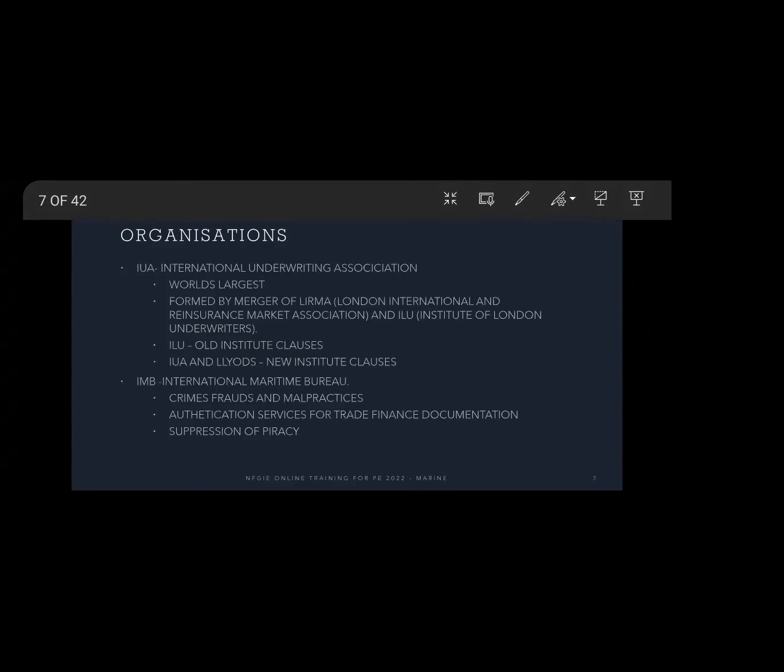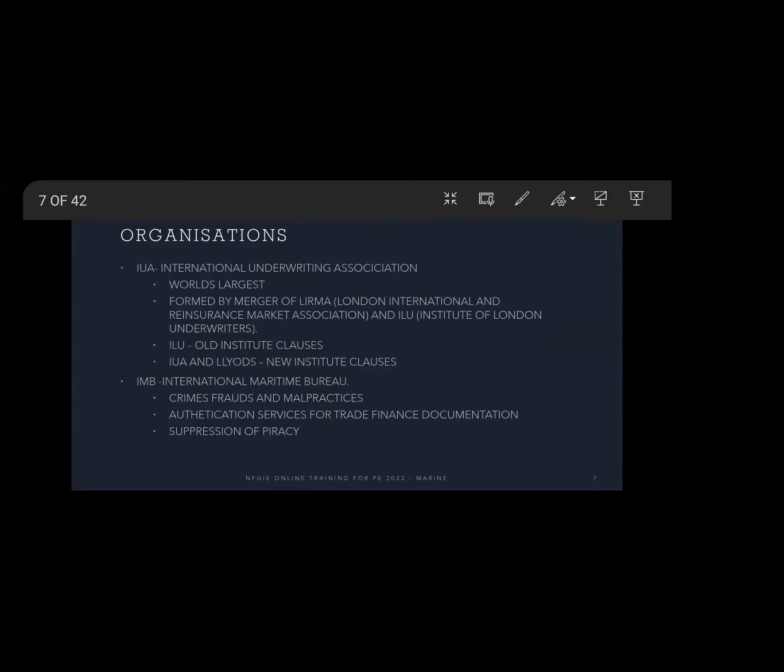Another organization is the IUA, the International Underwriting Association. The International Underwriting Association is the world's largest organization dealing with marine cargo. It was formed by the merger of LIRMA, the London International and Reinsurance Market Association, and ILU, the Institute of London Underwriters.